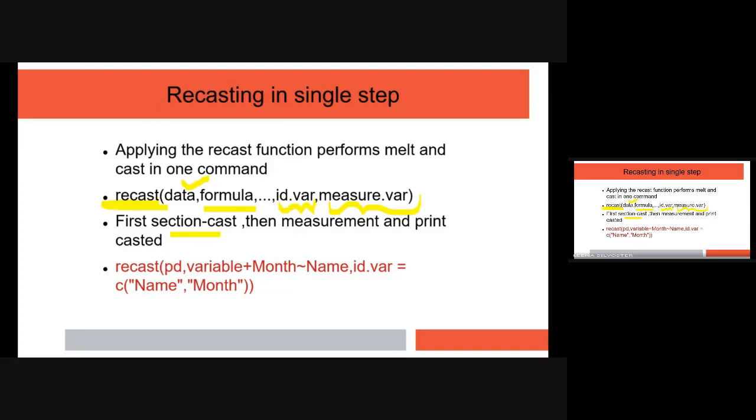For example, the previous command can be written as first PD, followed by variable plus month or name, and the identifier variable. It is a concatenation function of name and month.